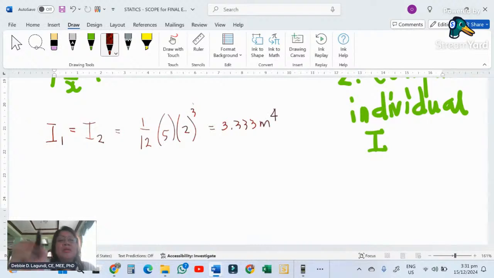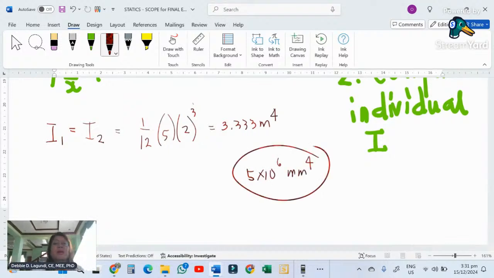meters to the fourth. Now, in actual dimensions, moment of inertia is usually in scientific notation because these are big numbers, like 5 times 10 to the 6 millimeters to the fourth.